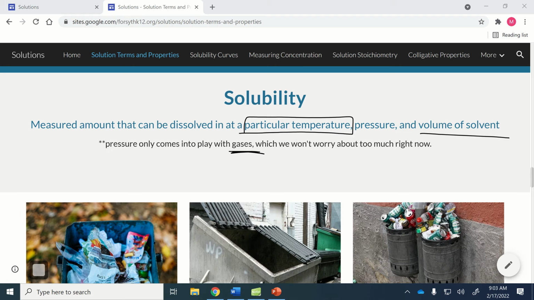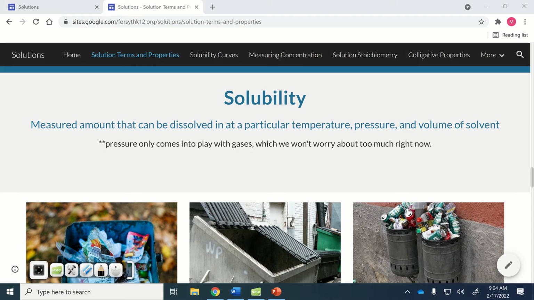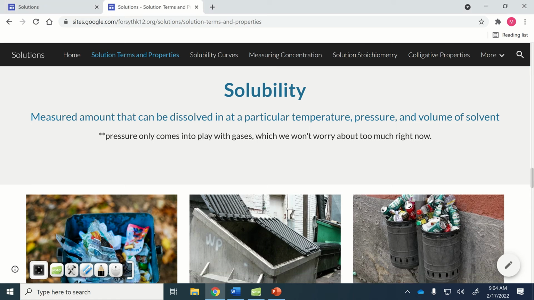But temperature and volume of solvent are two that we're going to play around with quite a bit. And again, this is actually a physical measured quantity. We can say this much, 10 grams of sugar should dissolve in this much solvent at this much temperature, okay?